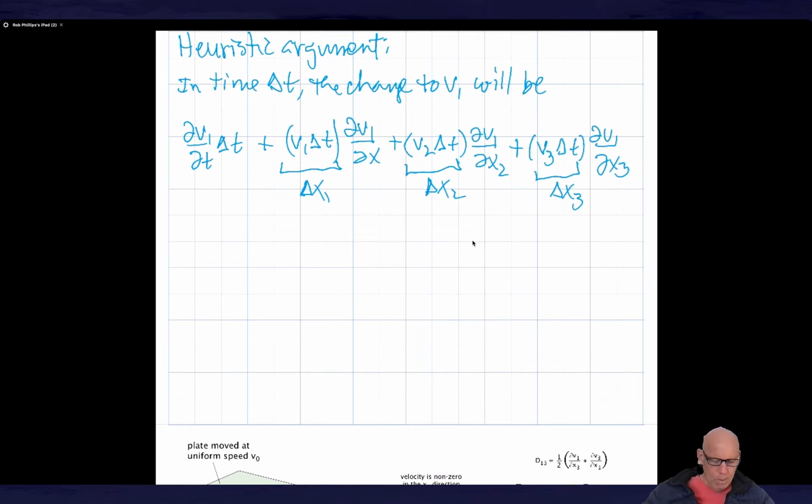So I'm ready then to write the total balance law. Total F equals ma. So what is it?